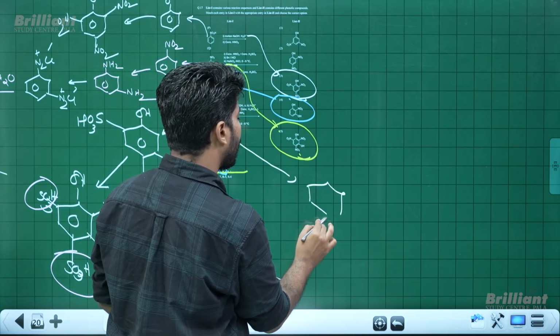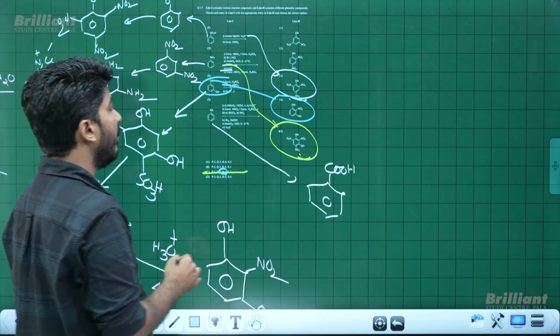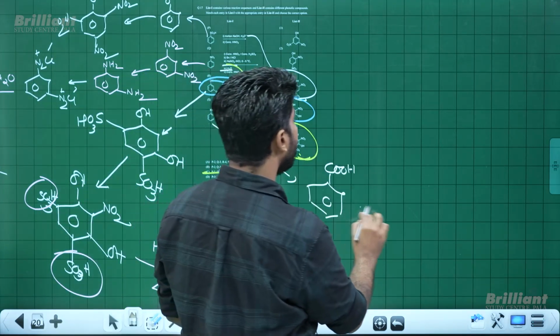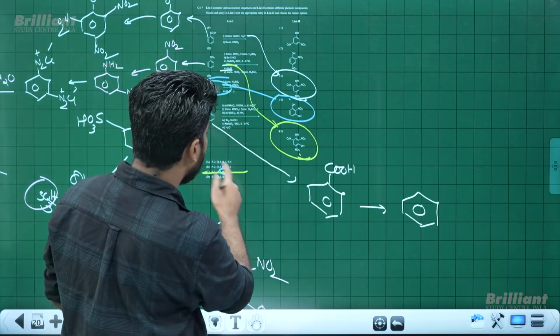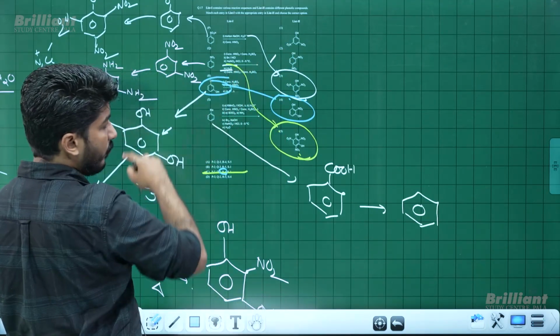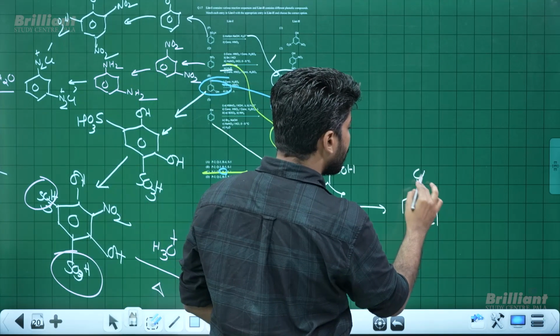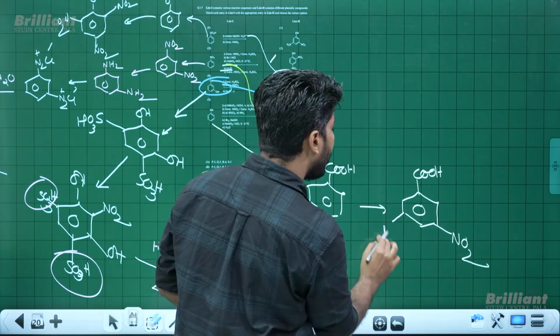Toluene is oxidized first to benzoic acid, and in the second step nitration is done. Severe nitration is done. Let's look at compound 1 also. You can see 2 nitro groups, right? So let's add 2 nitro groups at both the meta positions.